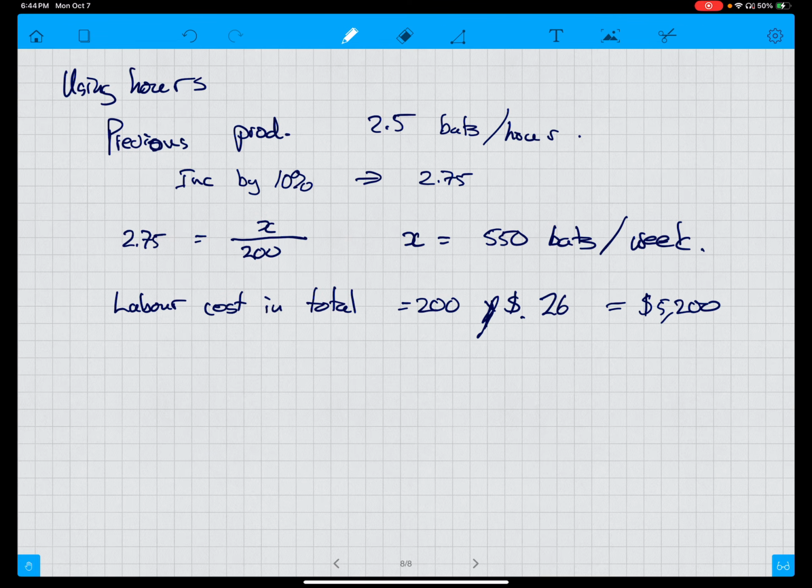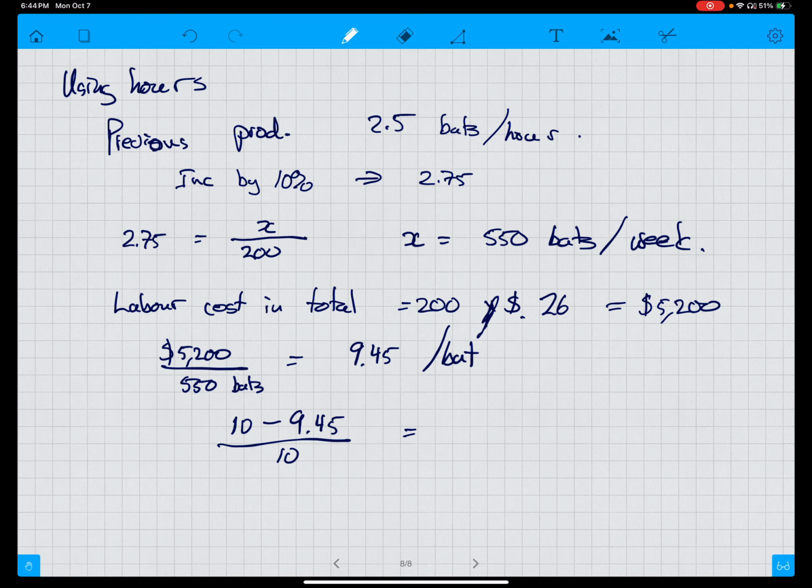So our labor cost has gone up, but it's gone up less. $5,200 divided by 550 bats, remember our production went up, is equal to $9.45 per bat, which is actually cheaper. So we do 10 minus 9.45 over 10, which is a 5.5% improvement in productivity.